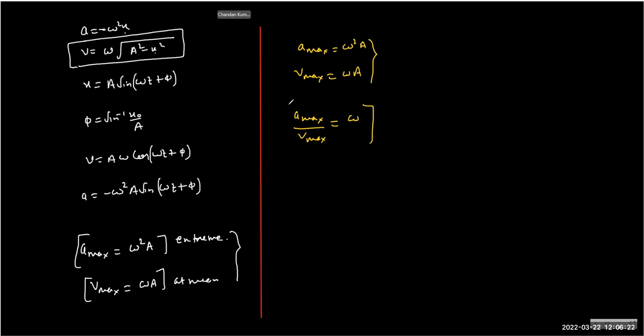Omega. So if you know the A max and if you know the V max, you can find the omega. And if you want to find the amplitude, you can just square it. So V max square upon A max will give you what? Amplitude, isn't it? Just manipulation.